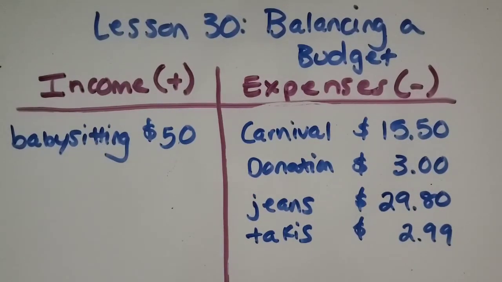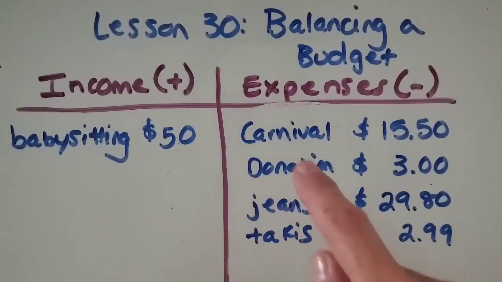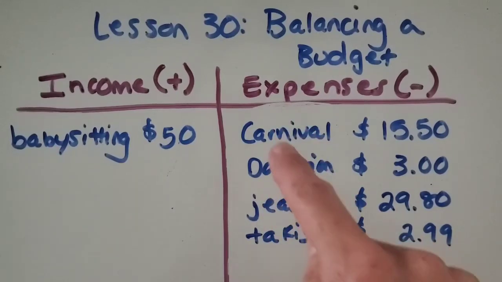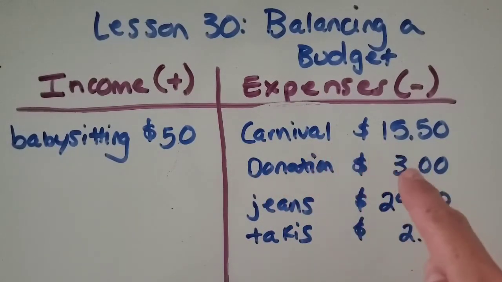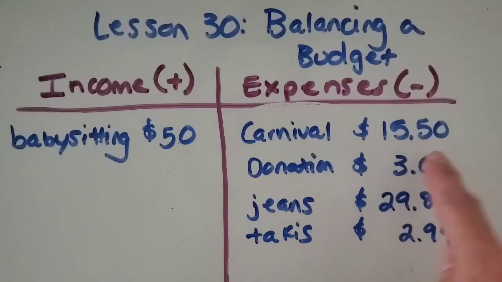This one, I have all of the numbers already written down. There's no mystery, but the question I'm going to ask you this time is, is their budget balanced or not? So this person is babysitting and has $50 from babysitting. Then they have some expenses on this side. So they went to a carnival and spent $15.50.